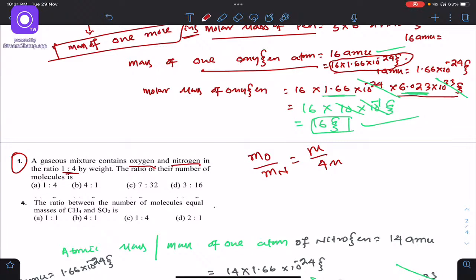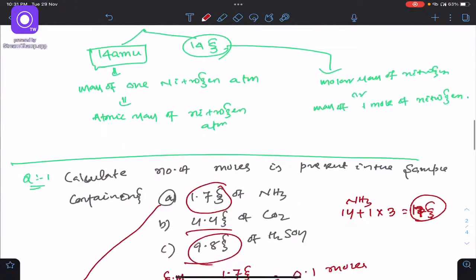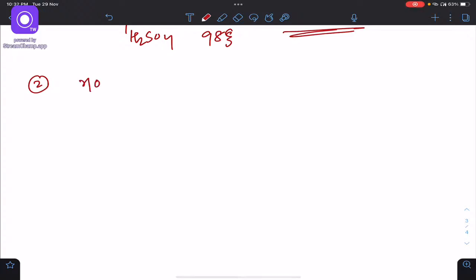So we need the ratio of number of molecules. See, another formula for calculation of number of moles: number of moles is equal to number of molecules divided by Na.